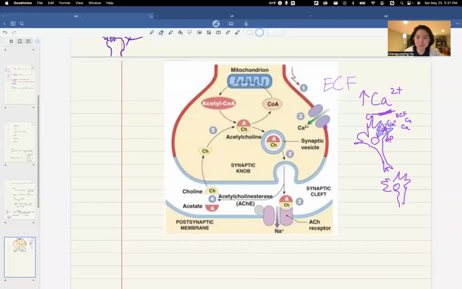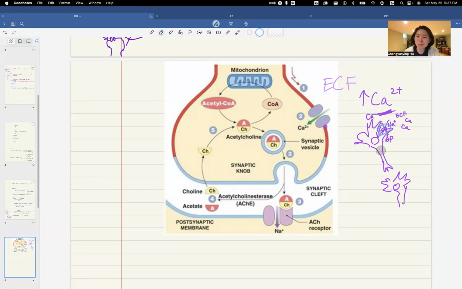Let's go back. So here at the same cycle, if we increase the calcium concentration here, that will lead to closing down of the voltage-gated sodium channel at the beginning of the neuron.